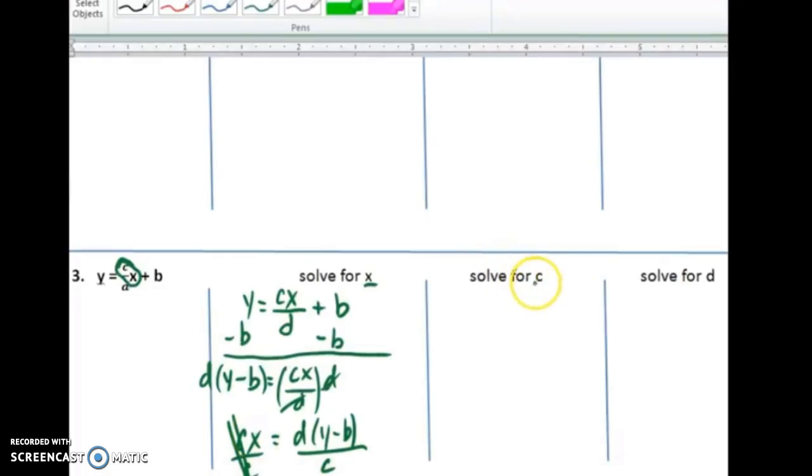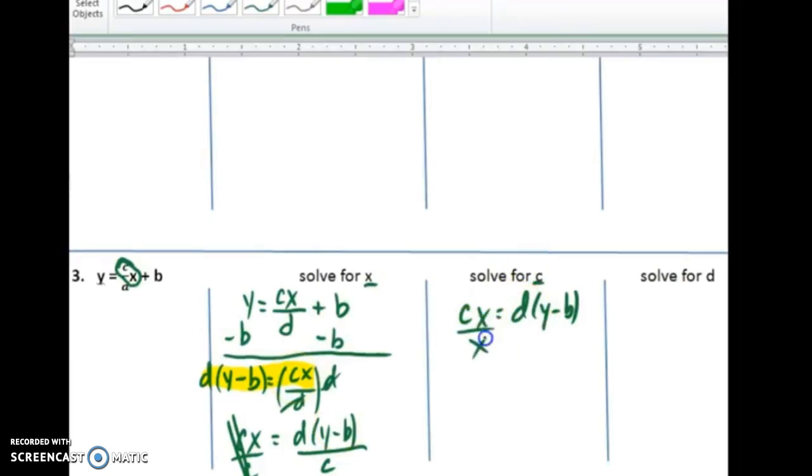Now I want to solve for c, this equation. What I think I'm going to do is go back to that equation right there, and I had cx equals d times y minus b before. I had that over there, I just highlighted it, and now it's easy to solve for c.